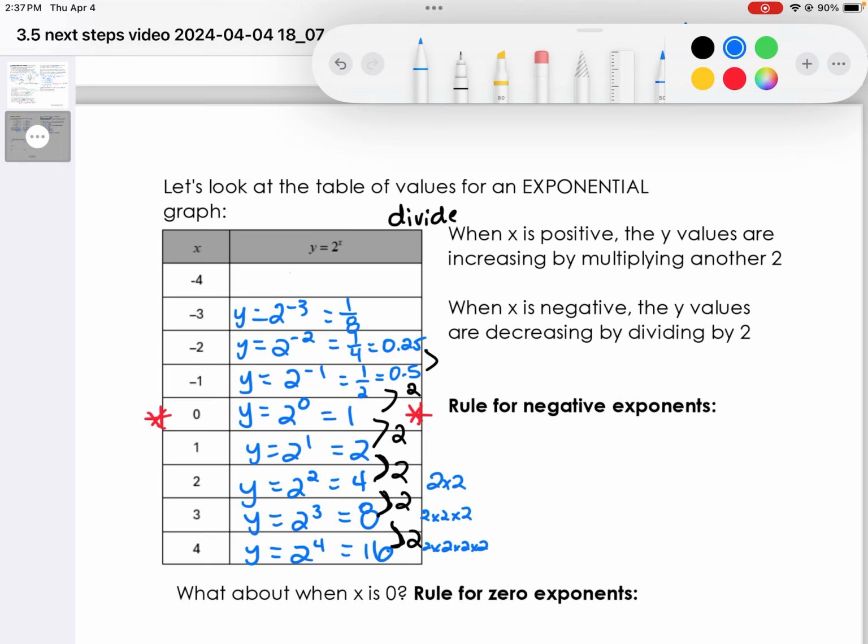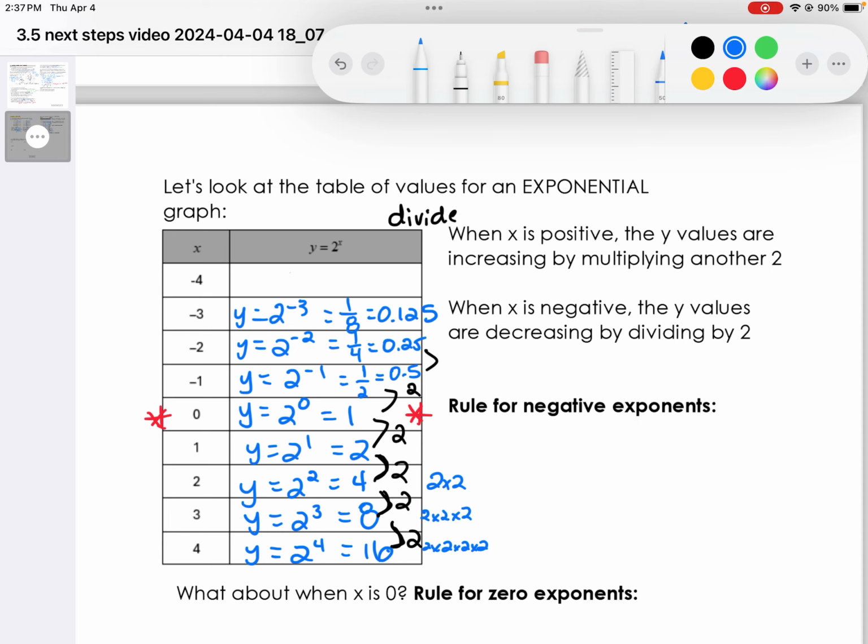So try it out in your calculator. 2 to the power of -3. If you have a Casio calculator, it's going to say 1/8. If you have a calculator that converts it into a decimal, it's going to say 0.125. Uh-oh, look at that.